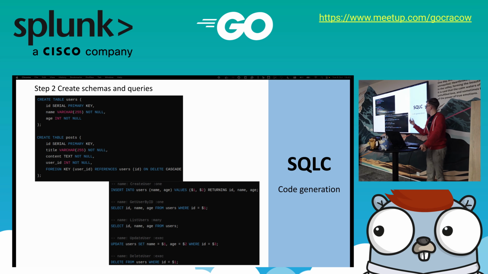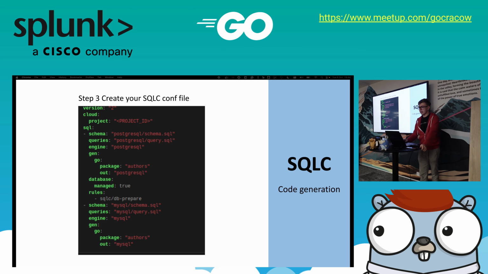And when we have all those queries, really similar to goyesql, we need to name them and say what kind of query that is: if we will return many, one row, or if this is exec, a command like query. Same with tables, we can create them and we will later get the schema out of it. To do that, we'll also need a configuration file, which you can see here. And this is the one from the documentation.